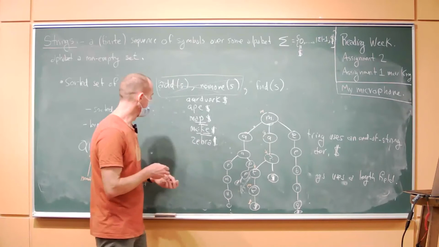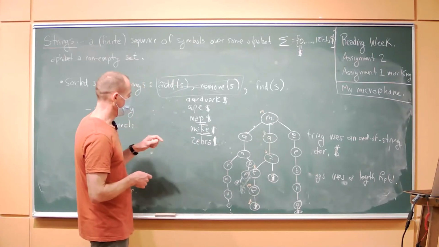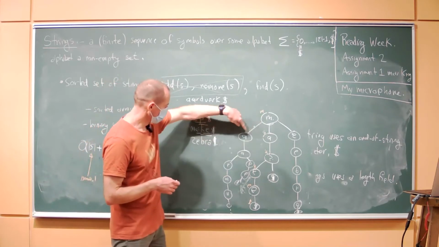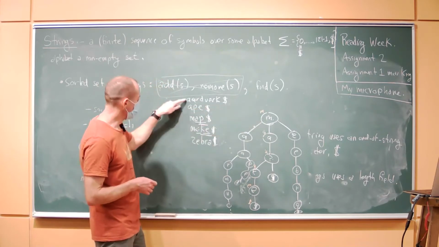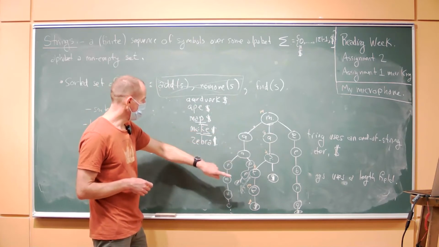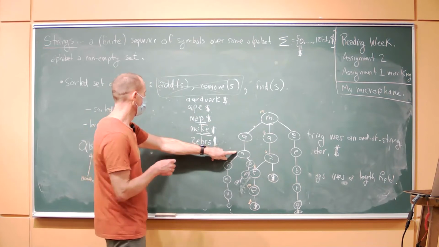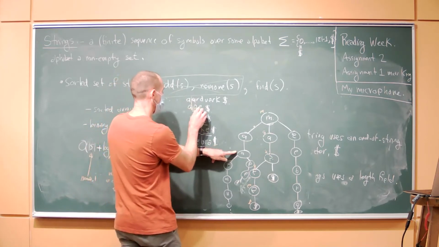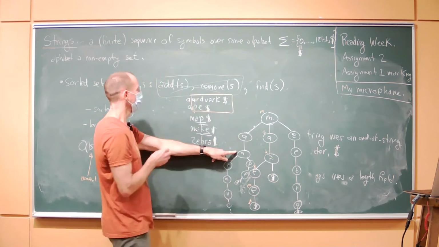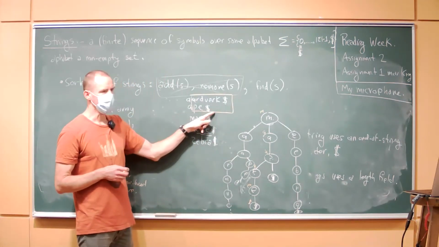So in the left subtree, they both start with A. That's where this comes from, but at that point, we're storing these two strings: the aardvark with a single A and PE.